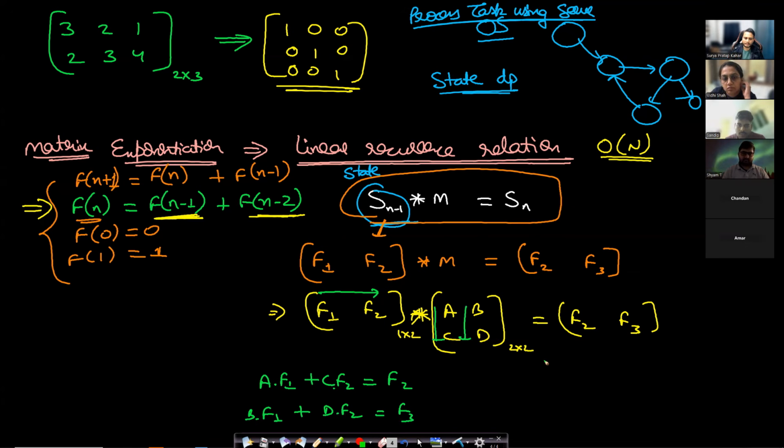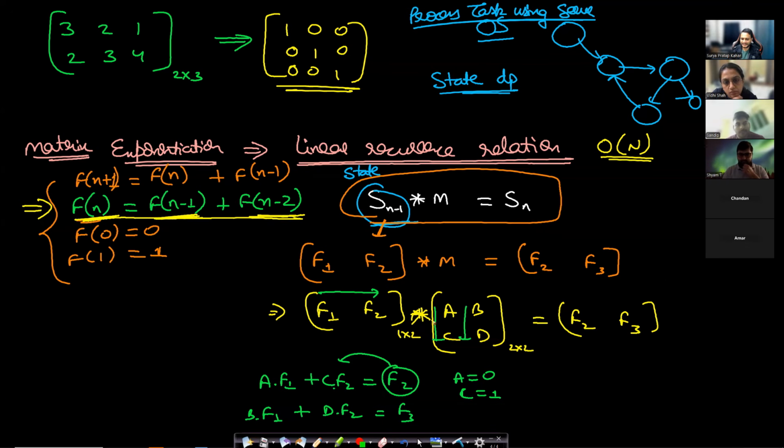Now let's compare this first equation, this RHS with LHS. You know that A will be equal to 0 and C will be equal to 1 by comparing RHS with LHS. Okay. And if you do the same for this, then what will be the value? 1, 1. F1 plus F2 equals F3 due to this recurrence relation, right?